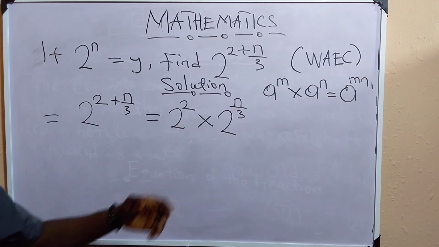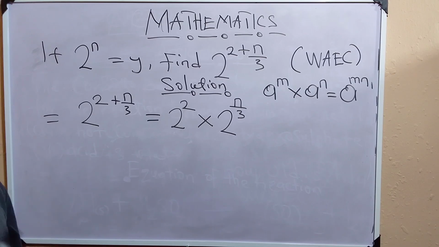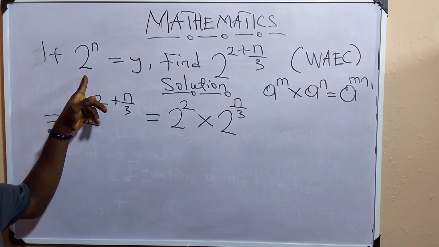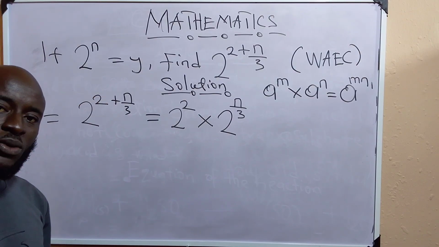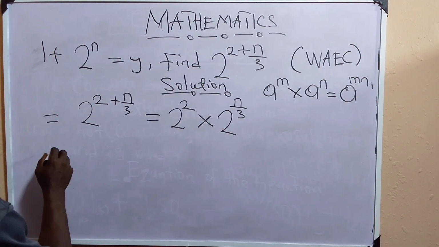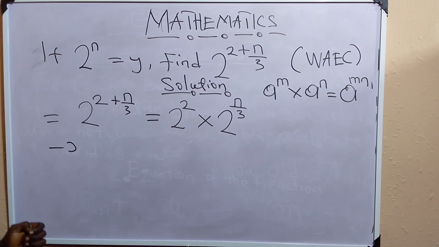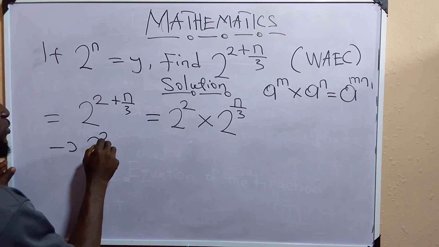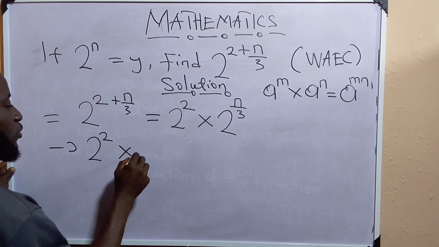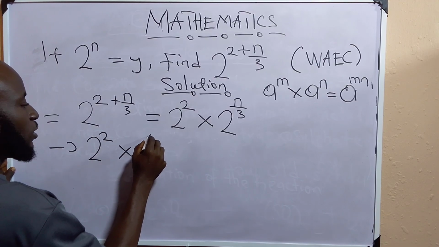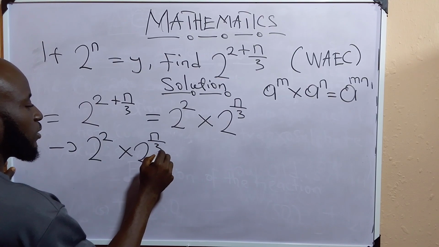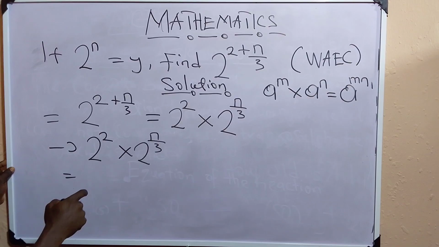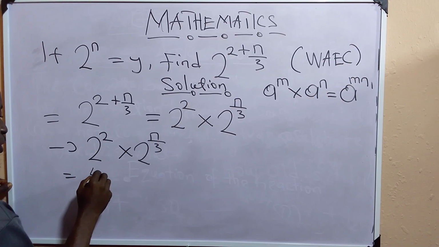It doesn't end there. So what we are going to do, remember, you are given that 2 raised to the power of n is equal to y. Are we happy? So this implies that we have 2 raised to the power of 2 multiplied by 2 raised to the power of n all over 3. So this is equal to 2 raised to the power of 2, which is the same thing as 4.